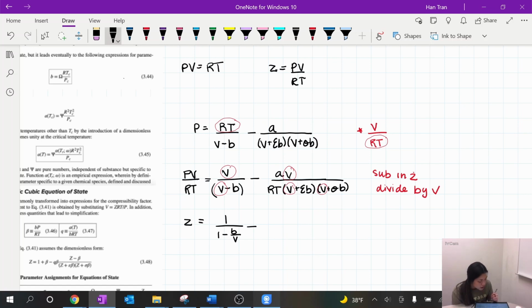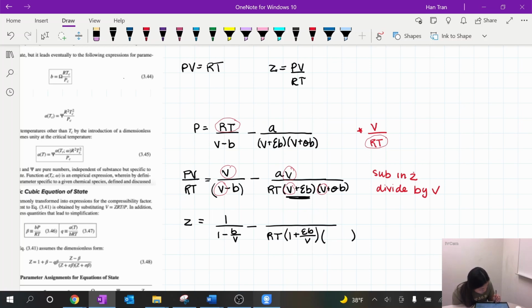If I were to divide once by the specific volume, I would be left with the gas constant R times temperature, and then this quantity right here, divided by the specific volume, I would be left with 1 plus epsilon B divided by the specific volume, and then I would have the specific volume plus sigma B. But again, I want to get rid of this specific volume that I circled here, so I'm going to divide by the specific volume twice.